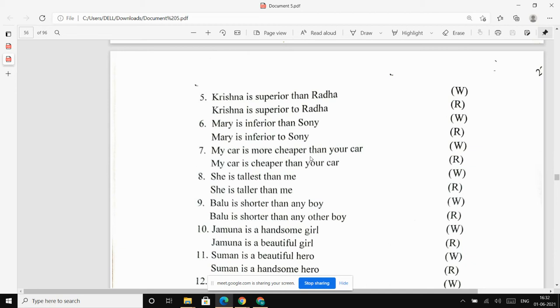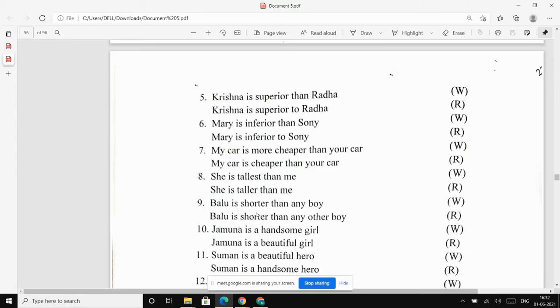At that time, you should be very careful and identify that the mistake lies with the double comparative. She is tallest than me. Here than tells that it is a comparison, and tallest tells that it is superlative. So she is taller than me is the right sentence.